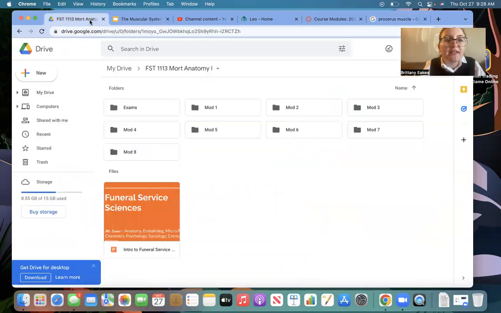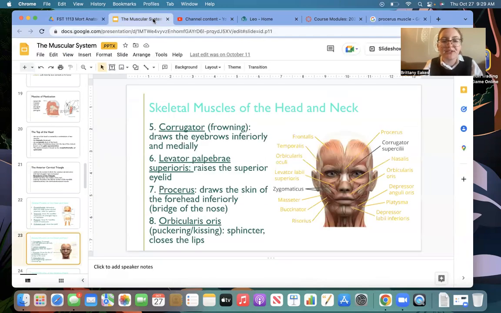Okay, I need that to go back up. There we go. Sorry. Then we have the orbicularis oris, which is the puckering muscle or the kissing muscle. It's a sphincter and it closes the lips.